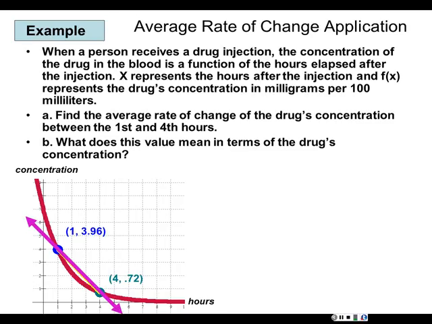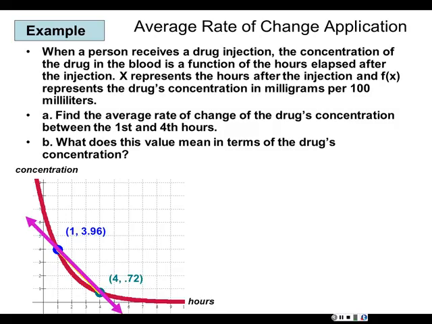So that's why we have to mention that this is the rate change per hour between the 1st and 4th hour at an average rate. This is the average rate of change, but in reality this is not the rate for every hour, right? If you look carefully, probably from the 1st to 2nd hour it was sharper than this.